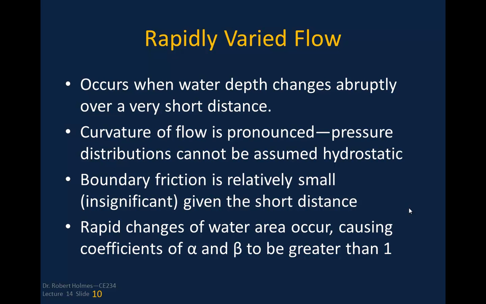Remember that alpha is the kinetic energy coefficient: if we use the average velocity to represent the v squared, the kinetic energy, we have to correct for that, because the average is not a good representation when we're taking the square of the velocities all the way across. Same thing with the momentum, the Coriolis coefficient, the beta value, that's correcting for the momentum flux, and so those are going to be greater than 1.